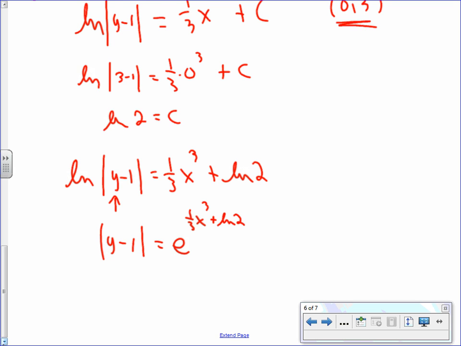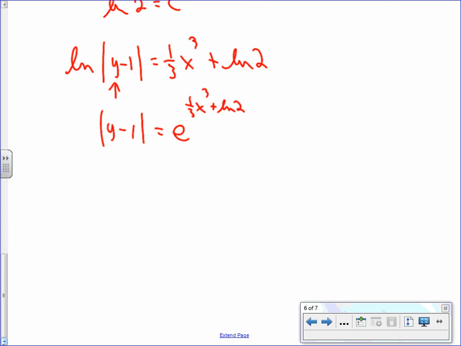Now here's a little algebraic thing that can be helpful. You know how if I said e to the 2 times e to the 3, you could say that's e to the 2 plus 3? So you see that plus right there? You could take that and make that into an e to the 1/3 x cubed times e to the ln of 2. And here's a thing that will show up on some multiple choice questions.